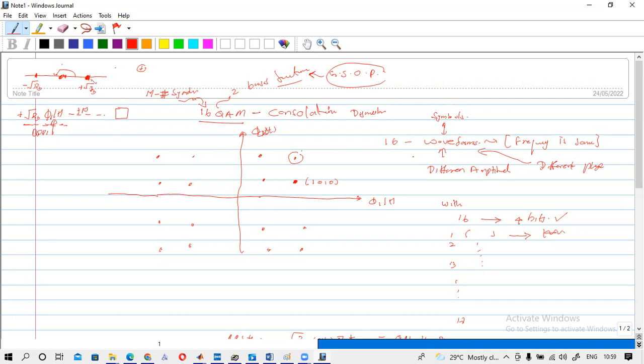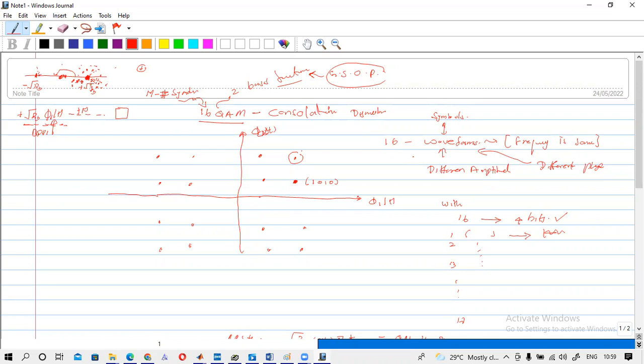This should be your transmitted symbol position, but because of noise, this point will be shifted to somewhere, like this. Sometimes it may be shifted to this symbol also. If the noise power is very high, this point can be shifted to this symbol also.